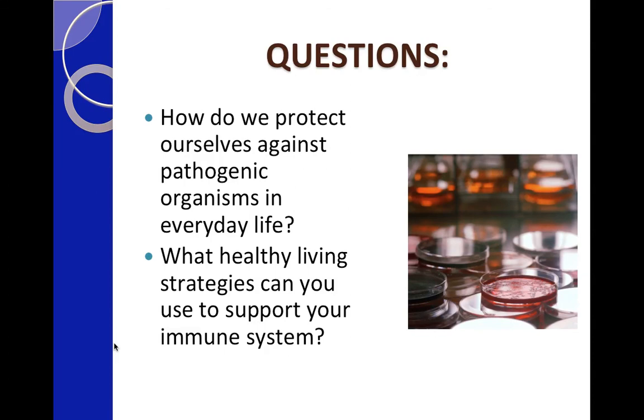So you might want to include things like always washing your hands, probably very important for you, seeing as what your professional work environment is going to be like. And maintaining good health, so adequate nutrition. I mean, you could go through and come up with a few answers for those.